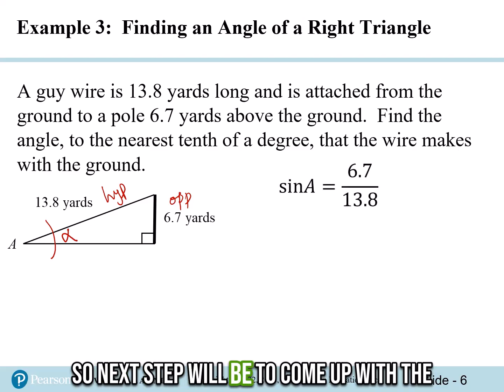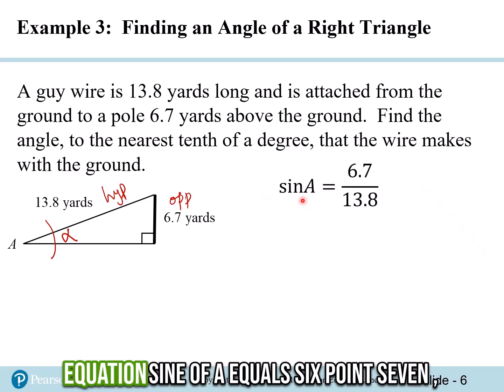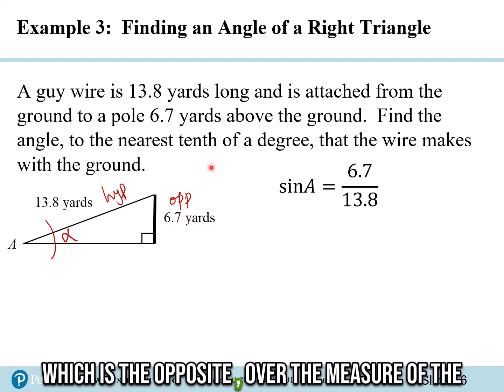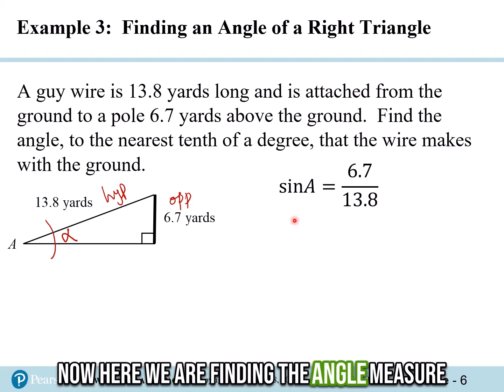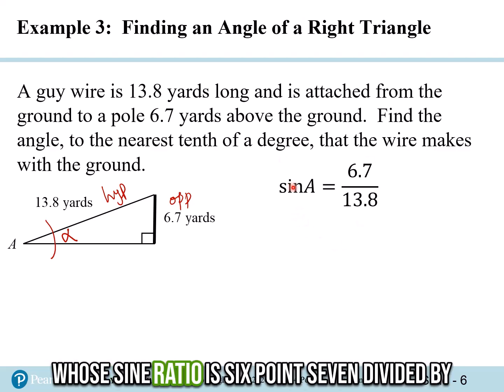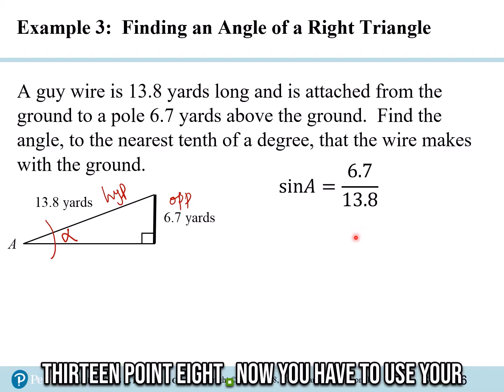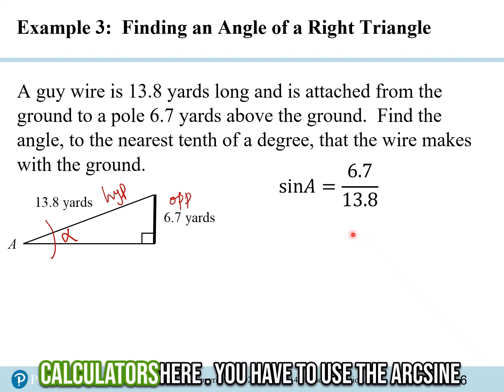So next step will be to come up with the equation. Sine of A equals 6.7, which is the opposite, over the measure of the hypotenuse, which is 13.8. Now here we are finding the angle measure whose sine ratio is 6.7 divided by 13.8. Now you have to use your calculators here.